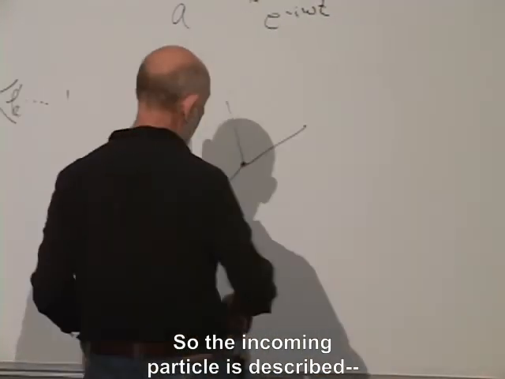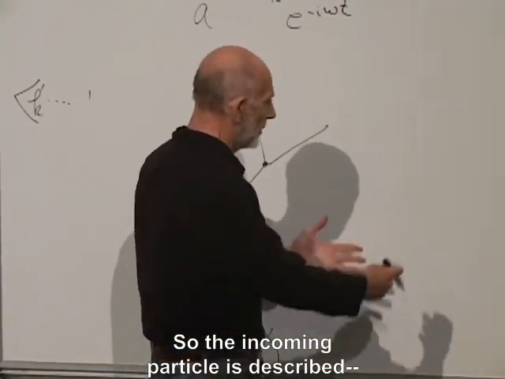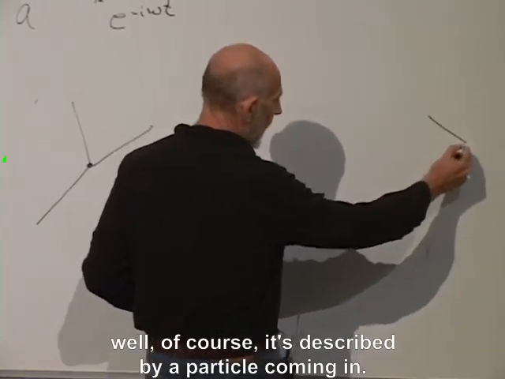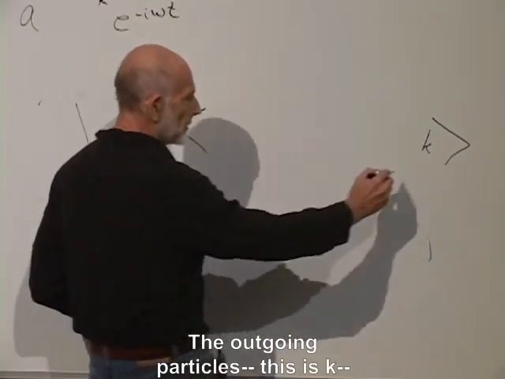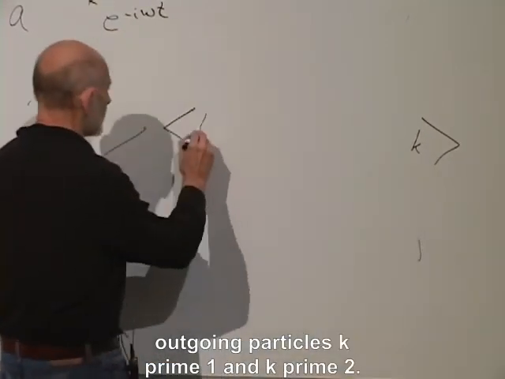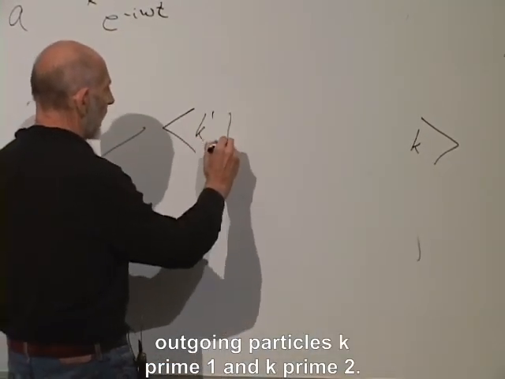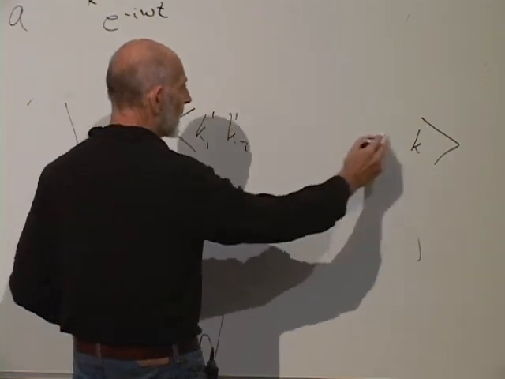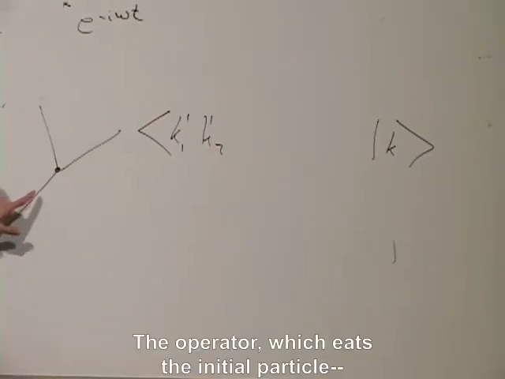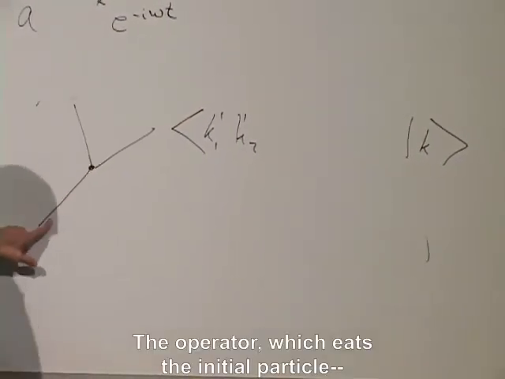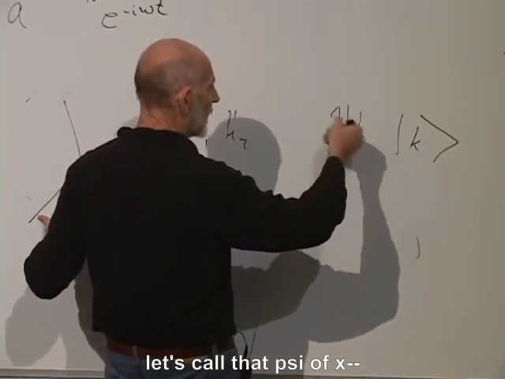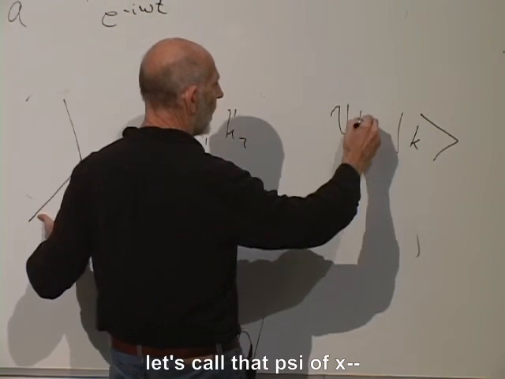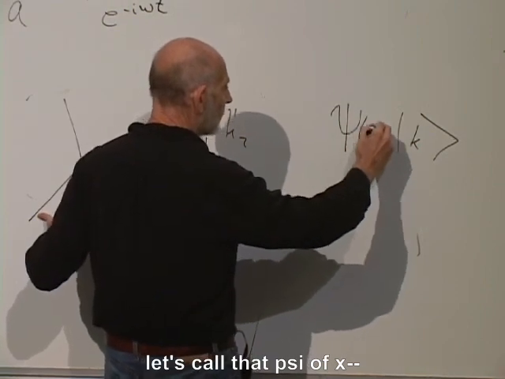So the incoming particle is described, of course, by a particle coming in. The outgoing particles, this is k, outgoing particles are k prime 1 and k prime 2. The operator which eats the initial particle, let's call that psi of x.